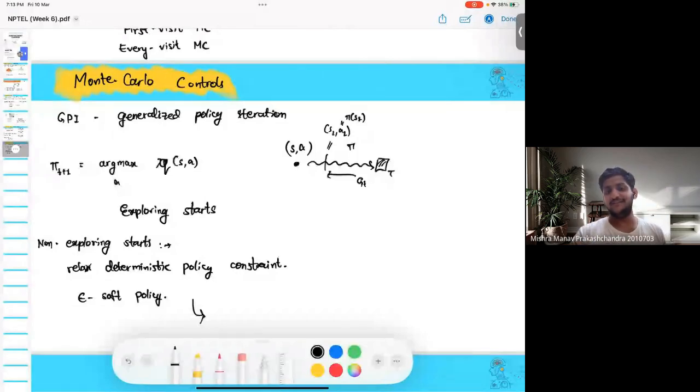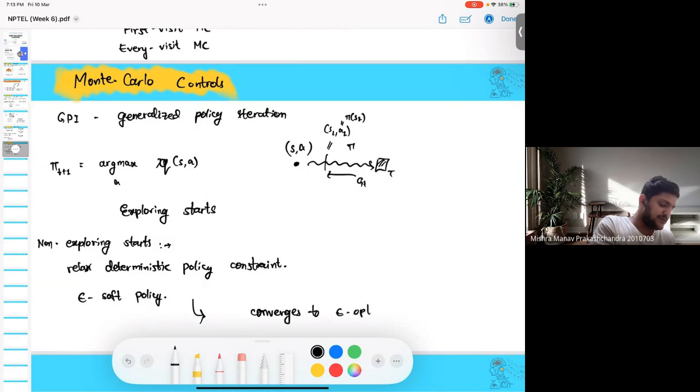Now it turns out that if I make this relaxation and deal with an epsilon soft policy, then this converges to an epsilon optimal policy. So this actually guarantees an epsilon optimal policy. Based on the control over epsilon that I have, I can control the optimal solution that I want to achieve.